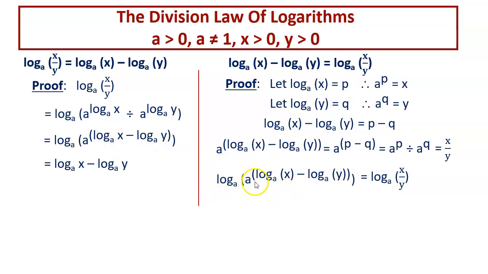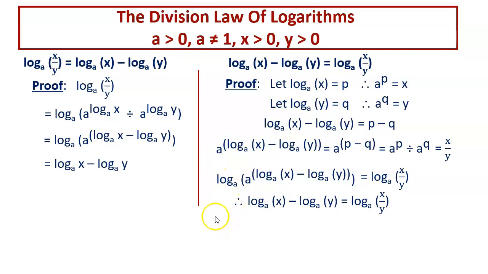When the base of the exponential part of the argument and the base of the logarithmic term are the same, the value of the logarithmic term is the power. So it is log of x to the base a minus log of y to the base a equal to log of x over y to the base a. And this is the division law of logarithms written in this form. Okay. So we have proved both the forms of the division law of logarithms.